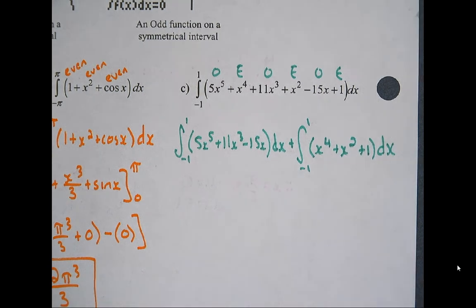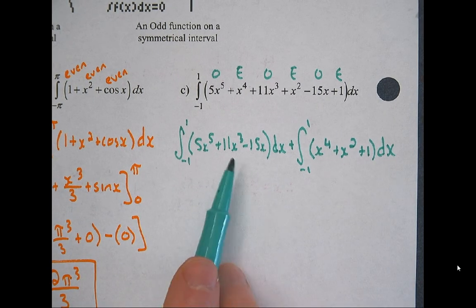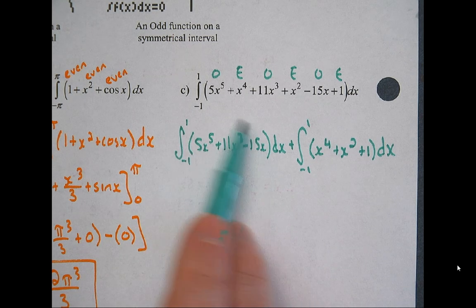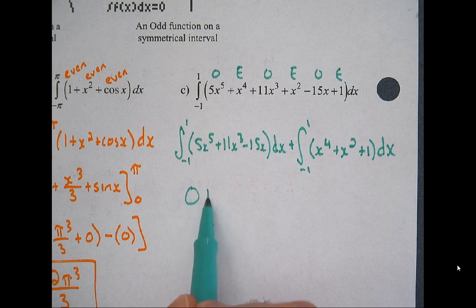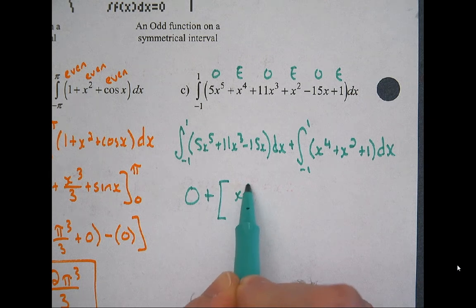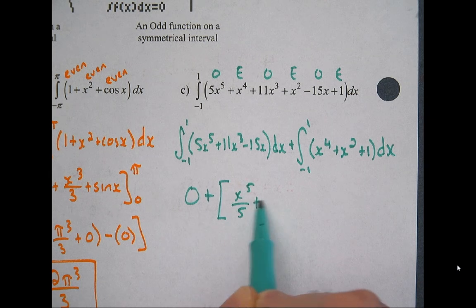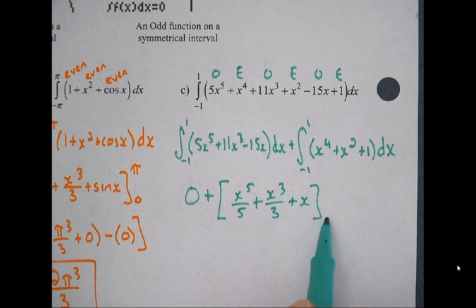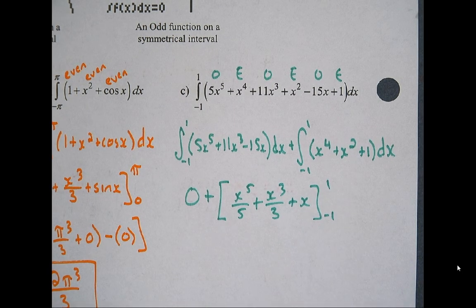And why did that make a lot of sense? If these are all odd, when I put them together, this section becomes odd. So when I integrate this, it becomes a big fat 0. The other part, I can integrate fairly quickly: x to the 5th over 5 plus x to the 3rd over 3 plus x from -1 to 1.